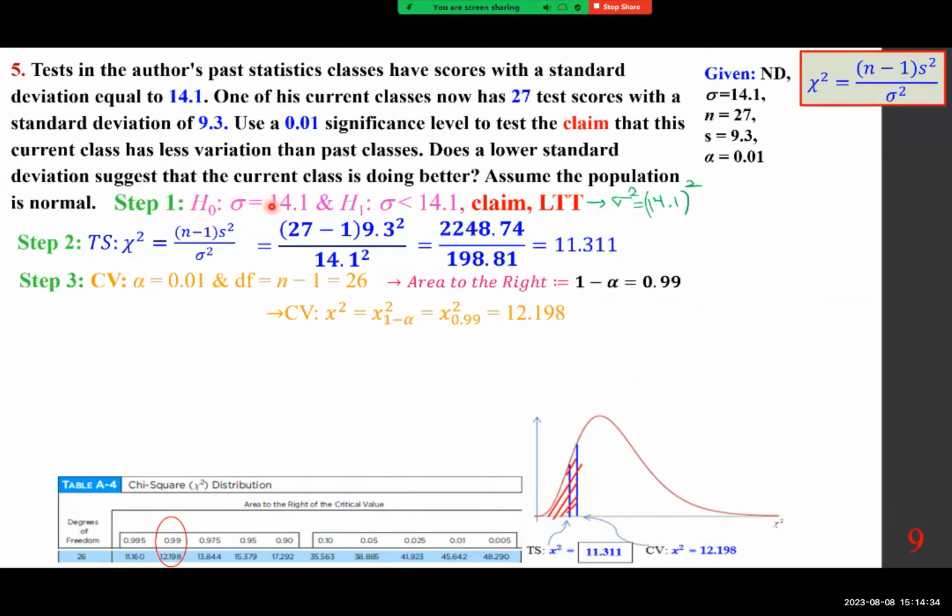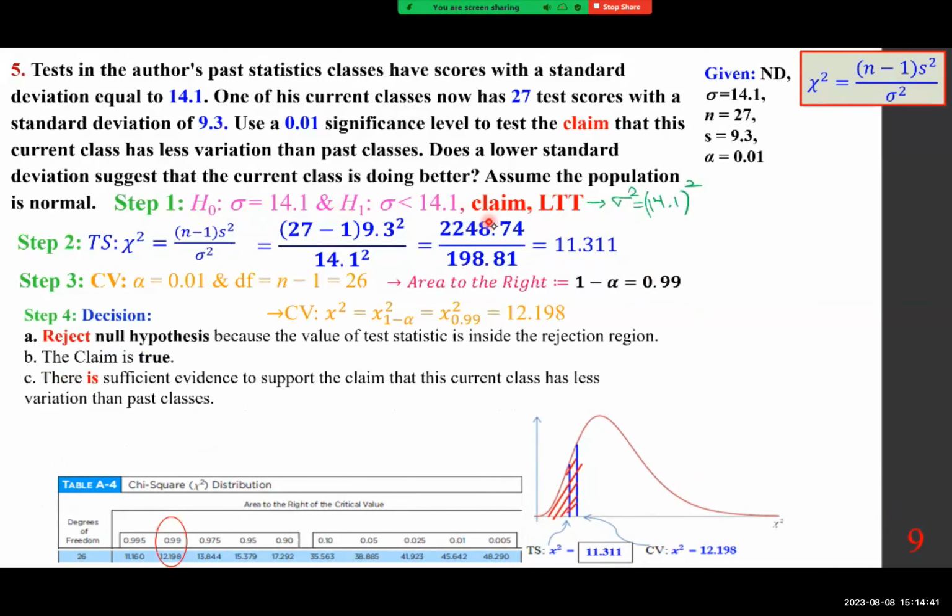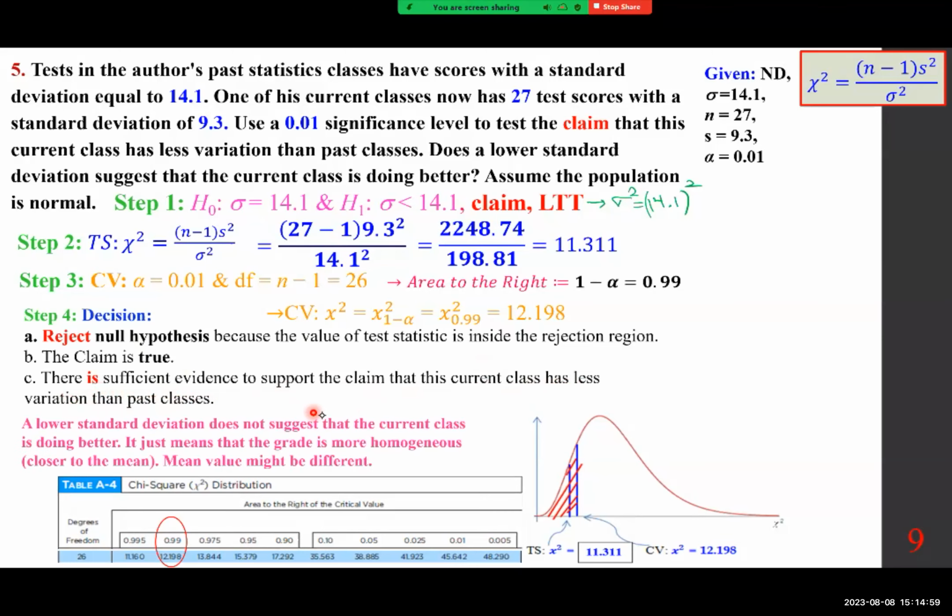If you're rejecting the null hypothesis, you're, loosely put, accepting H1, so the claim is true. So reject the null hypothesis because the value of the test statistic is inside the rejection region. The claim is true, so there is sufficient evidence to support the claim that this current class has less variation than past classes.